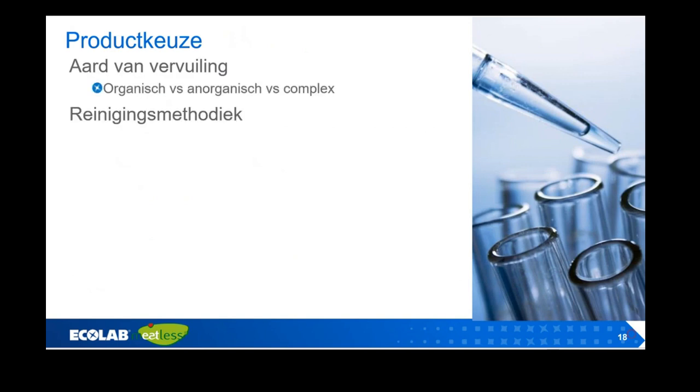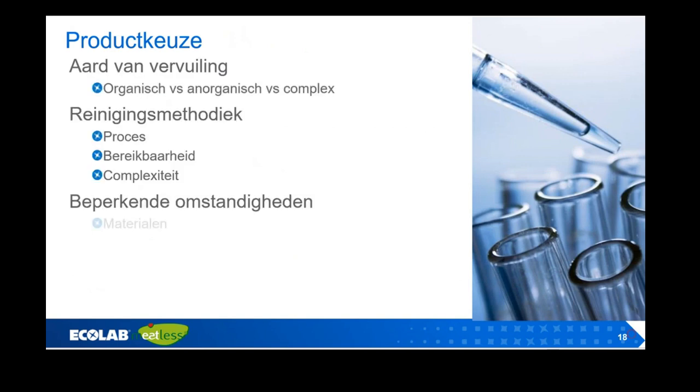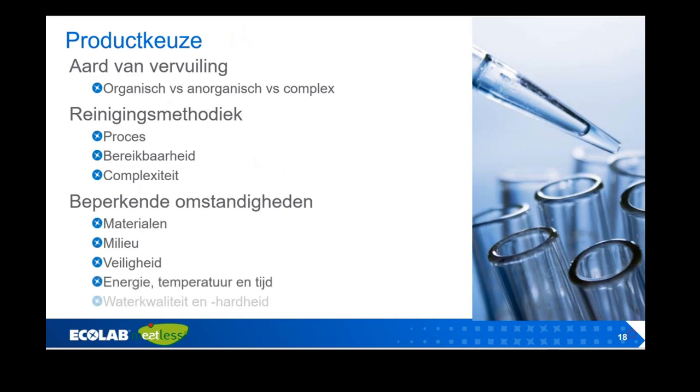Okay, then the products. I already told you the choice of product depends on the nature of your dirt. Is it organic? Is it inorganic? Do you have fats or do you have scaling or rust?